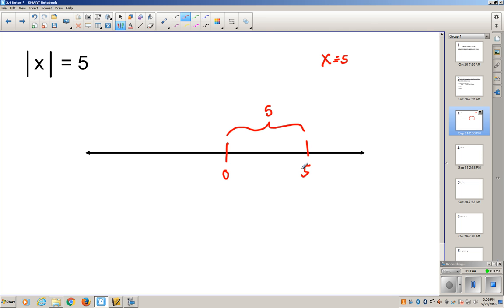That's why the absolute value of 5 is 5, because 5 is a distance of 5 units from 0. If I'm at -5, that also is a distance of 5 units from 0.